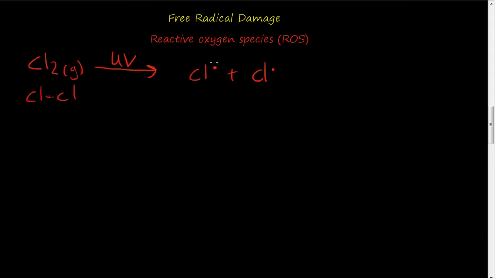Now the problem with free radicals is that they can perpetuate themselves. So if you react this atom right here, this free radical, with another compound, let's just say this compound with an oxygen, I just imagine some kind of compound here, this compound will undergo a chemical reaction, and it will spit out another free radical again.